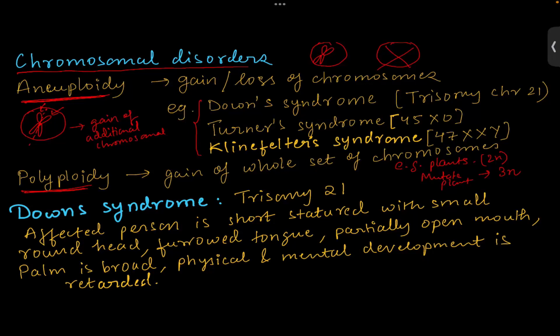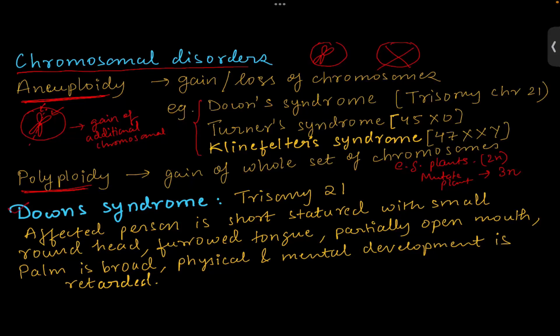Now, if cytokinesis doesn't happen, it will form one single cell where two sets of chromosomes will be present. In those situations, polyploidy results, and disorder symptoms result. So let's look into each of the syndromes which happen because of aneuploidy.